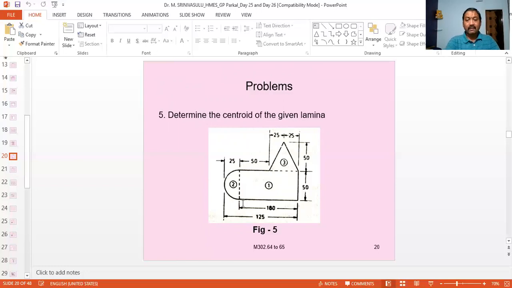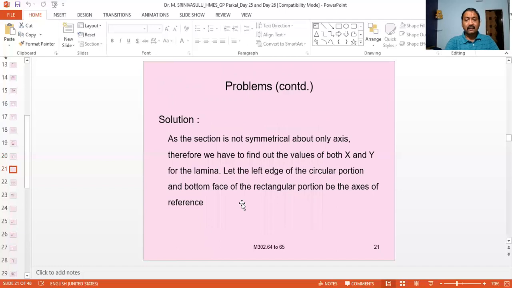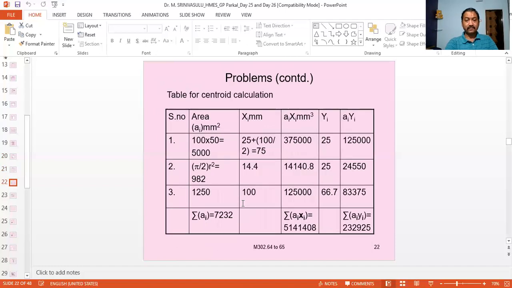Now, this is because it is not symmetrical about either the x-axis or y-axis. So we need to find out both coordinates. Now, recalling the table, number one is the rectangle, having a width of 100 mm and height of 50 millimeters. The area becomes 100 into 50, it is 5000.